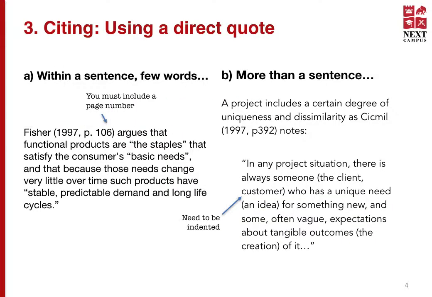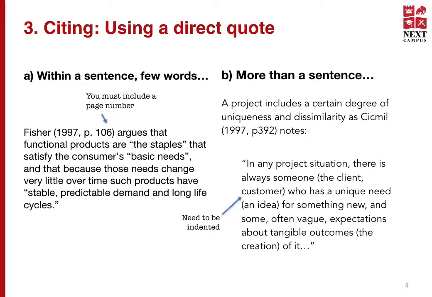The first one is you are using some direct quotes or direct words within a sentence, but you're using only a few words. Example, Fisher (1997, p. 106) argues that functional products are the staples, in inverted commas, that satisfy the consumer's basic needs, again taken directly from Fisher.